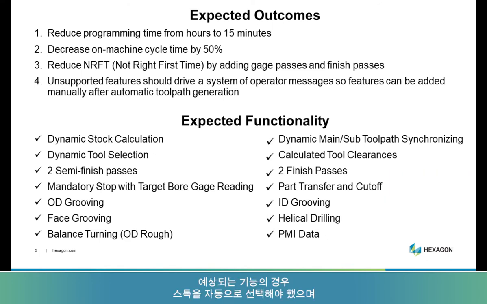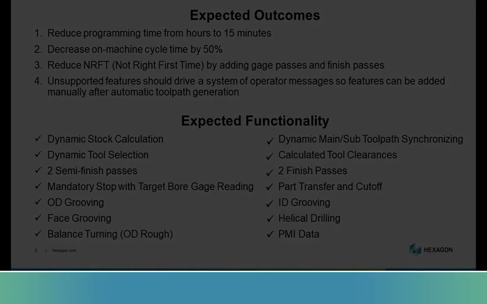For their expected functionality, we had to automatically select their stock. We needed to synchronize the main and sub-spindle toolpath, part transfers. Everything had to be automated. OD grooving, ID grooving, face grooving, helical drilling, balance turning. And we introduced something brand new, PMI data.